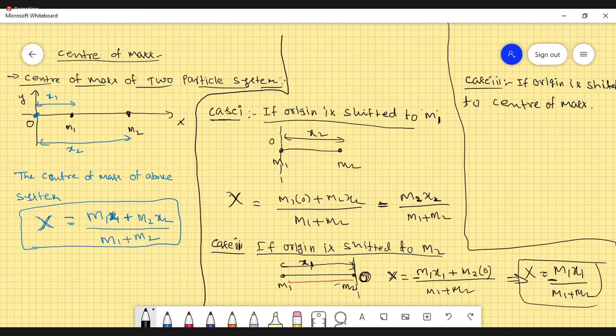For example, this is a mass m1 and this is a mass m2, and this is the center of mass, let us consider, and the origin is also the same point. Then let us consider this one is x1, this one is x2. Understanding?